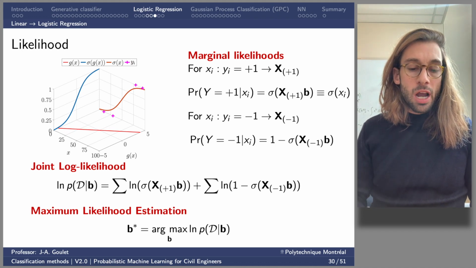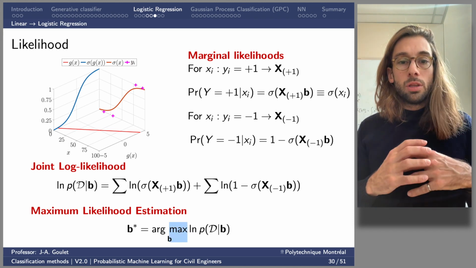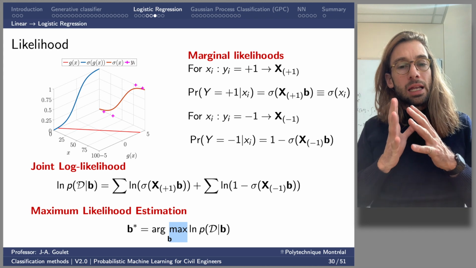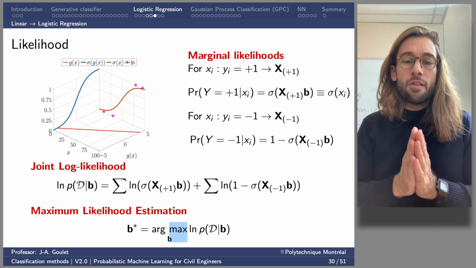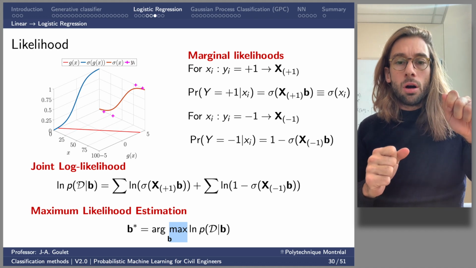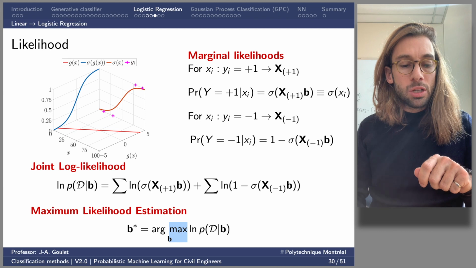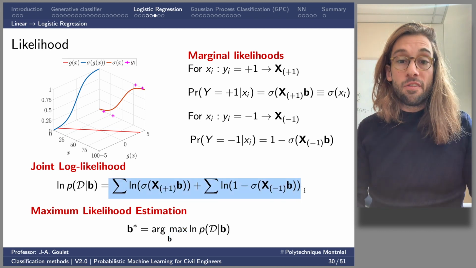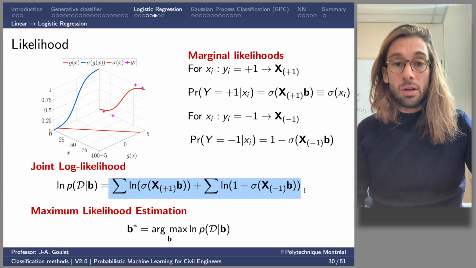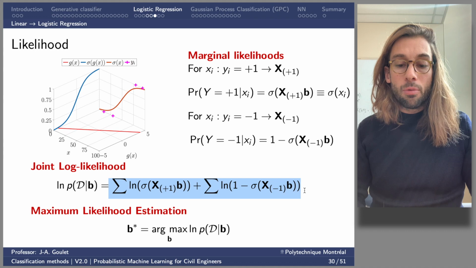We're going to try to find the argument b, my parameter value, that is going to maximize this log likelihood. The specificity here is that in a linear regression context, we could directly infer analytically our maximum likelihood parameter estimate. Why? Because if we derive our log likelihood, that would be a linear function. So we could set that derivative, which is a linear function, equal to 0, and directly solve for our parameter b.